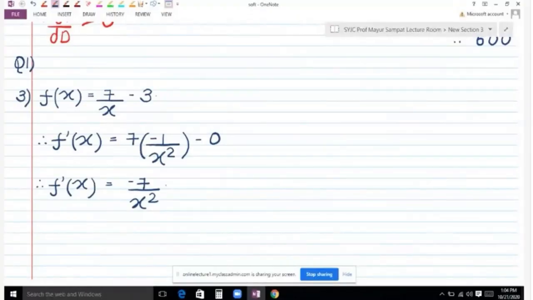We know that for any real number, x square is always going to be positive. The numerator is minus 7, which is a negative number. So x square is going to be positive, but minus 7 is negative. As a result, minus 7 upon x square will become negative, right?